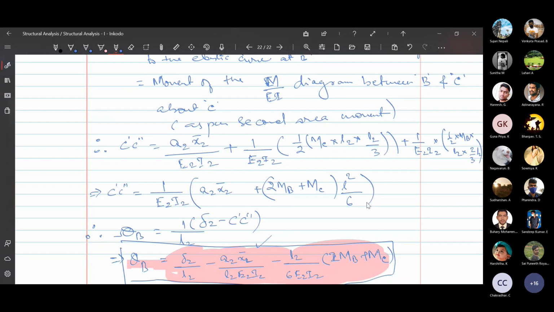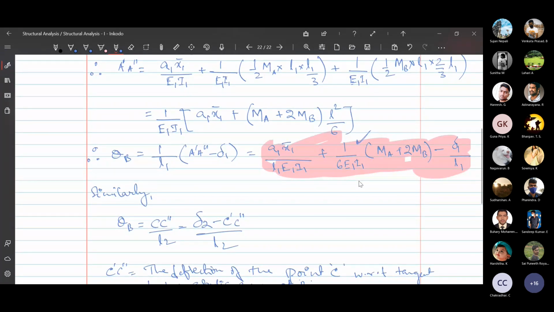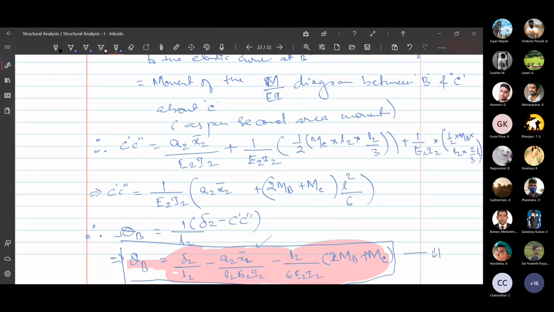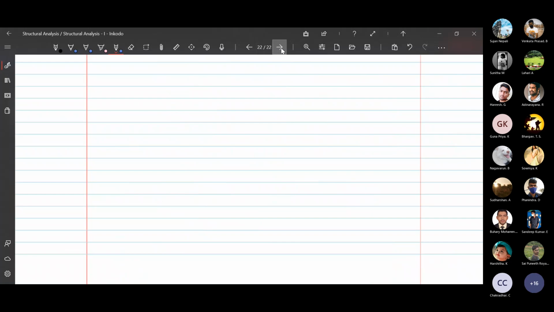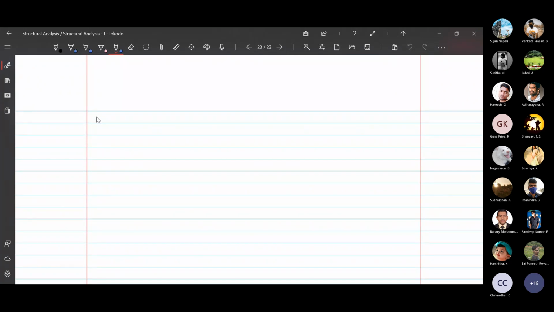Let us say this is equation 1 and this is equation 2. So, equating 1 and 2.